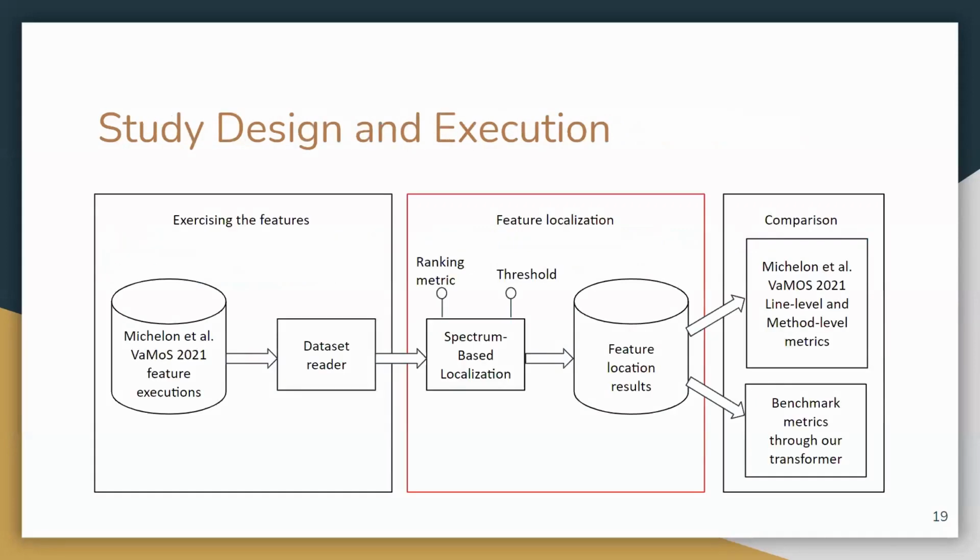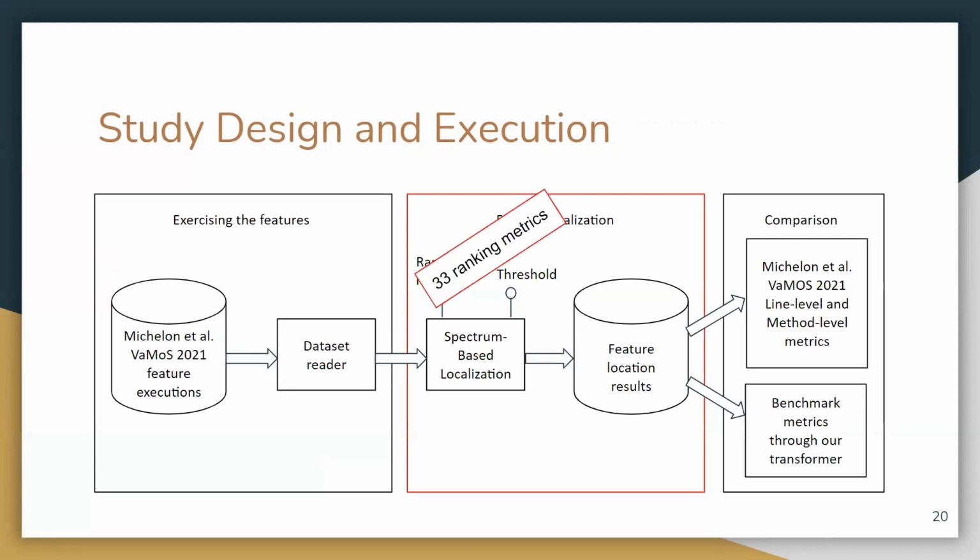With the execution traces, we performed the feature localization. We used a spectrum-based localization, as mentioned before, with two key aspects for this spectrum-based localization technique: the metric used to rank and the threshold to decide when a line of code is suspicious enough to be considered part of a feature. The threshold is needed as the benchmark does not consider probability as part of the metric's computation.